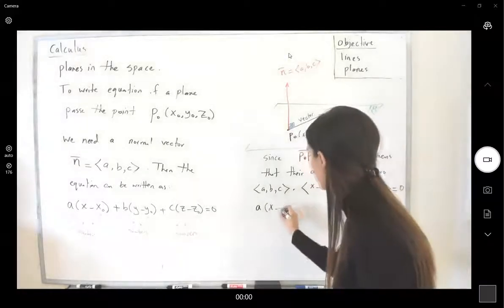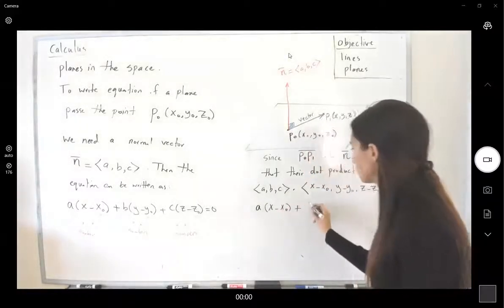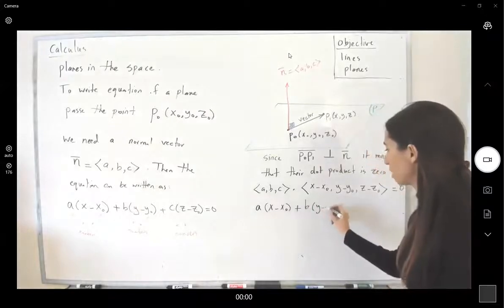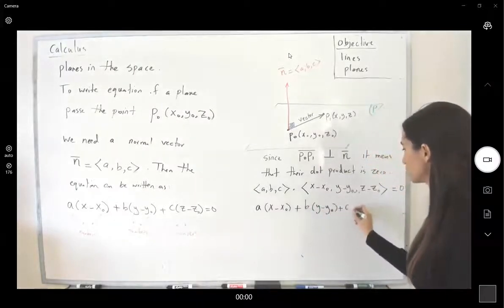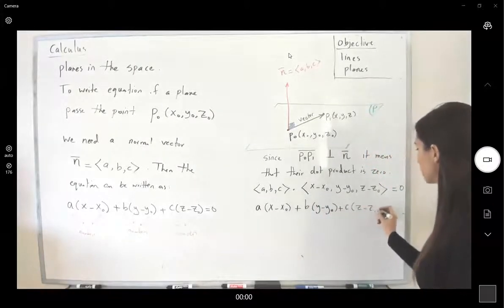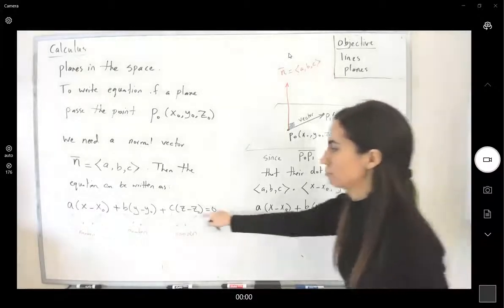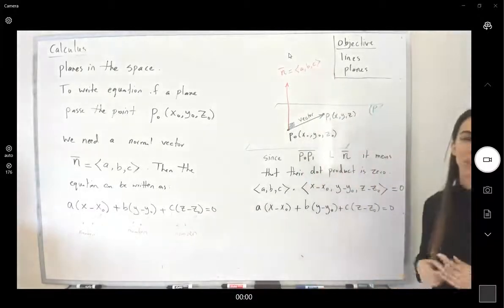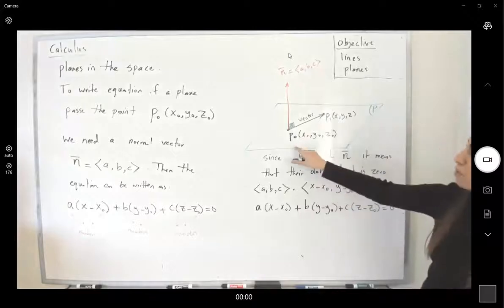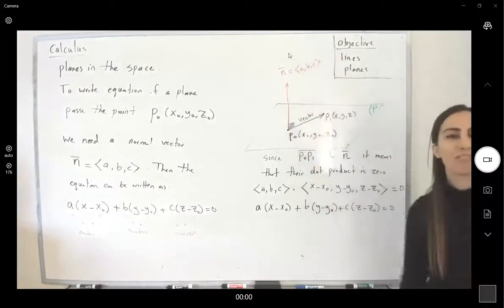So A times x minus x sub 0 plus B times y minus y sub 0 plus C times z minus z sub 0 is equal to 0. That's how we get the equation of a plane that passes through a point like P sub 0 with normal vector.